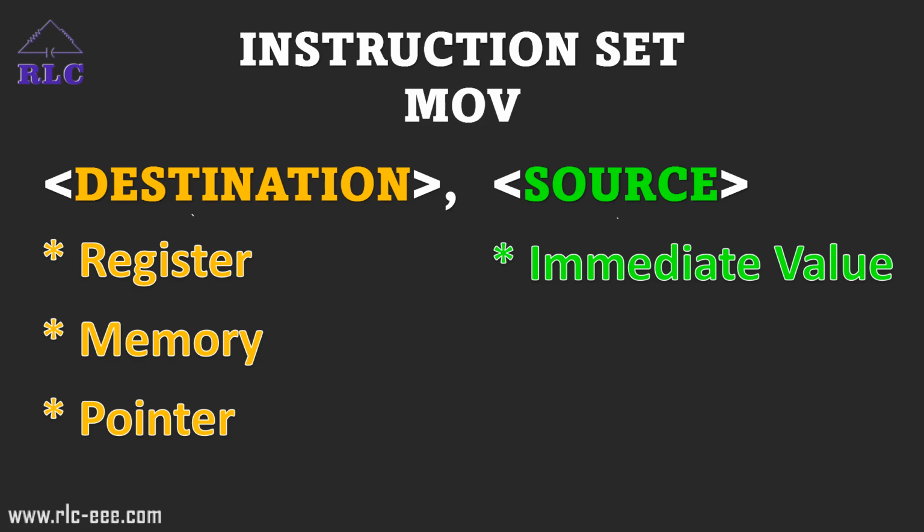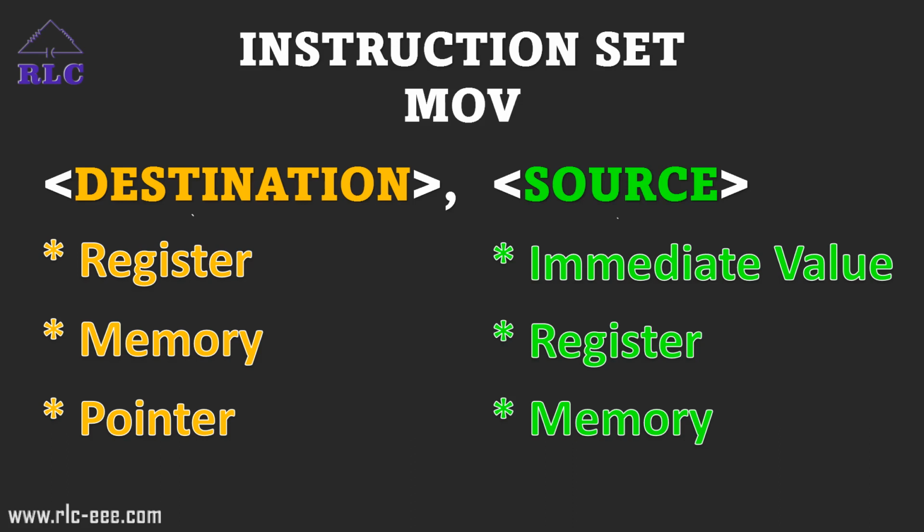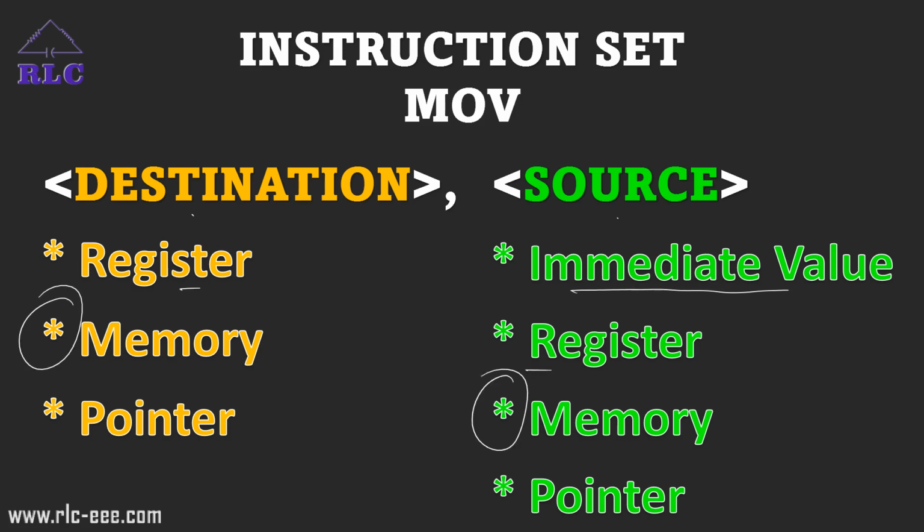The rest will follow the same: it can be a register, memory, or a pointer. So there are different ways in which we can use the MOV instruction. We can use an immediate value, a memory location, a register, or a pointer. On this basis, we call them addressing modes. We have different addressing modes.